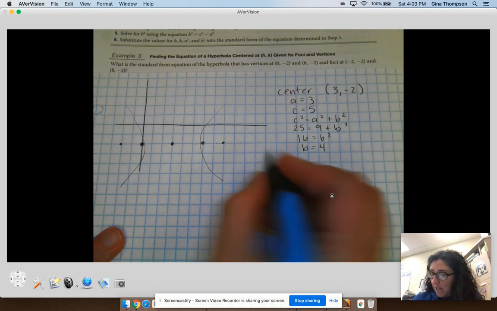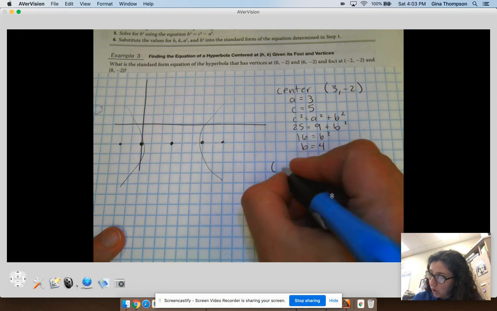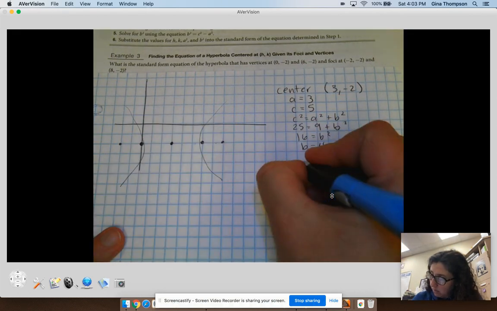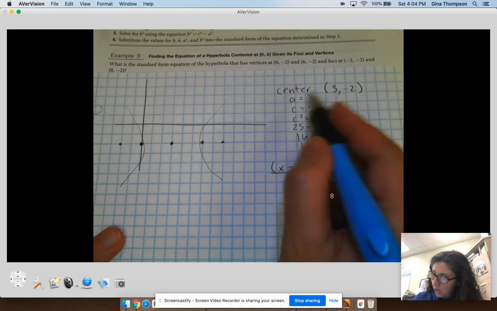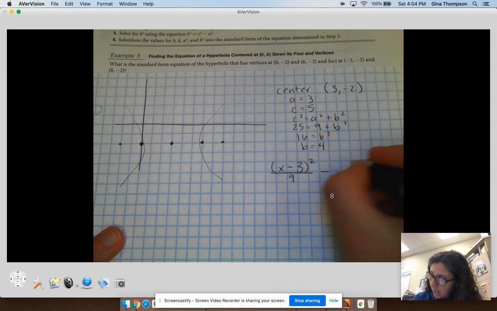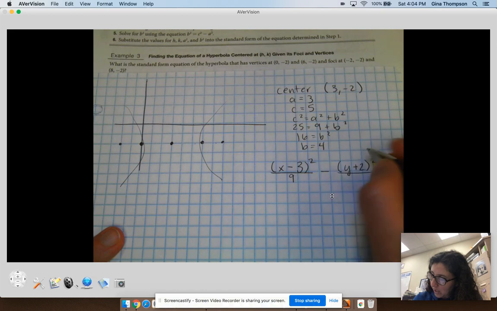Which is our transverse axis? This opens along the x-axis, so our x term is going to come first. So it's going to be x minus 3, the center, squared over A squared, so over 9, minus y minus negative 2, so y plus 2 squared over B squared, so 16, equals 1, right?